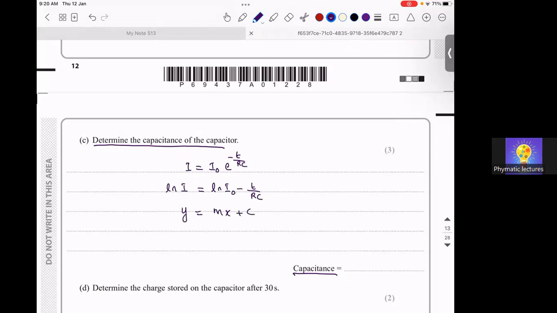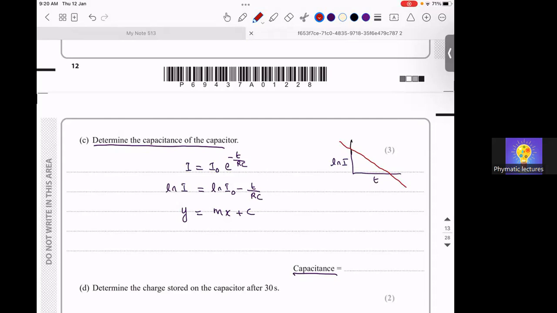So what is the moral of the story? If we are plotting the graph of ln I versus time, what kind of graph will we get? It is a straight line with a negative gradient.